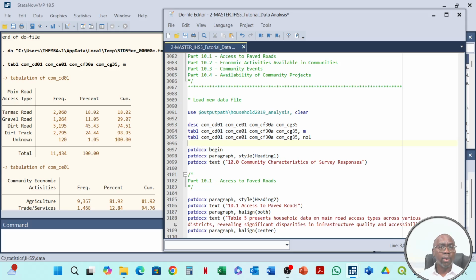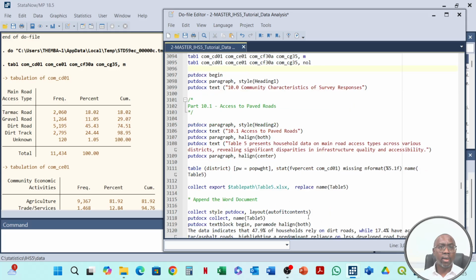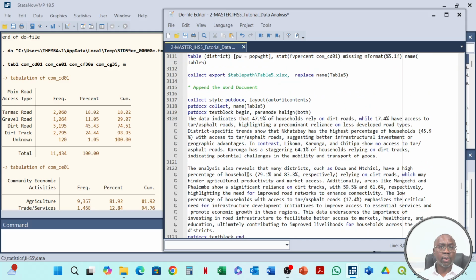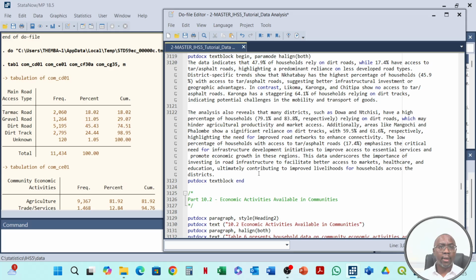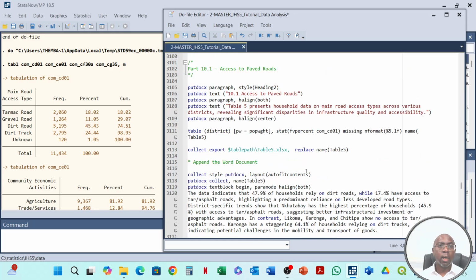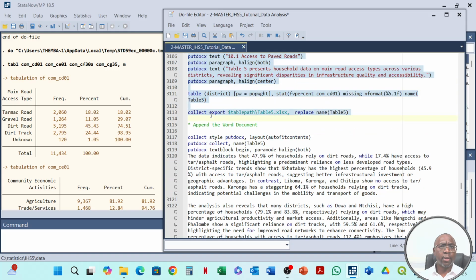So as usual, we're going to open a document and also call the chapter community characteristics of survey responses, right? And then the first part, we're going to use also a table, and then we can also see the same process that we did in chapter 9, and then also end with appending the results to our document.